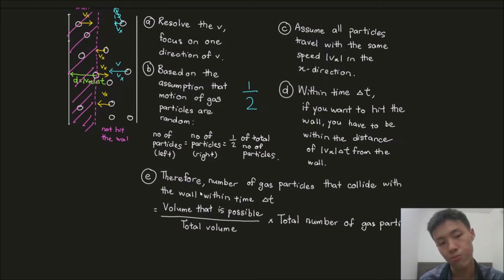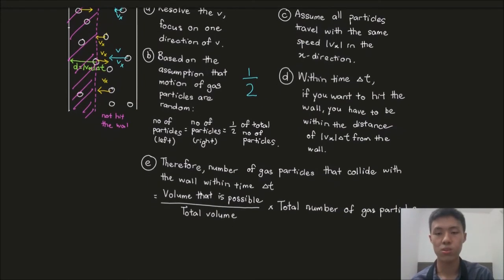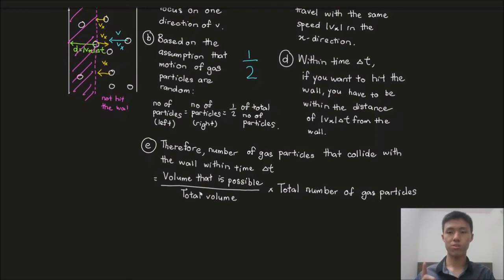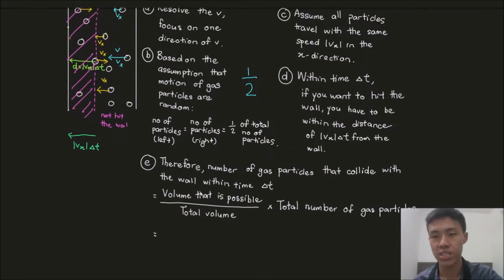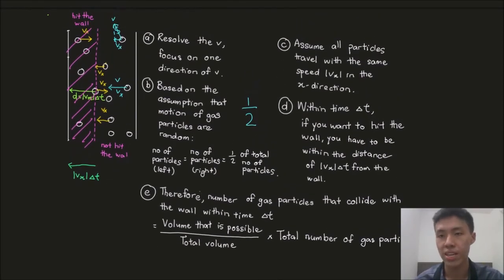So how do we work out all these components? The volume that is possible, how do we find it? We know that the distance here is Vx delta T. And we know that this wall here would have an area. This wall is drawn in 2D, but it is actually a 2D wall with an area.